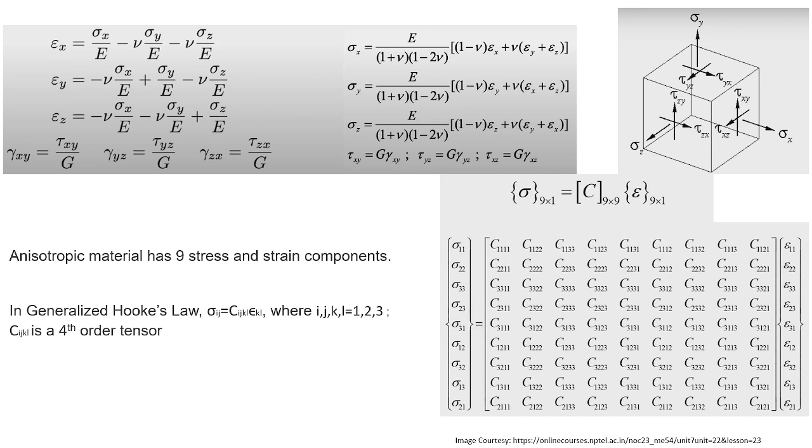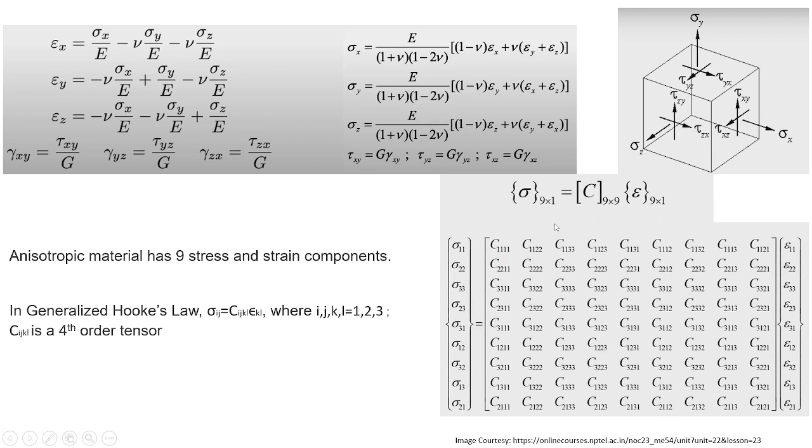So first thing is an anisotropic material. When we take a small element of that material, the properties are different in all the directions. Because of that, we get 9 stress and 9 strain components, and when the relation between them is defined, we get the generalized Hooke's law, as you can see here, where the stresses and strains are related to each other by a 9 cross 9 matrix, as there are 9 stress components and 9 strain components.